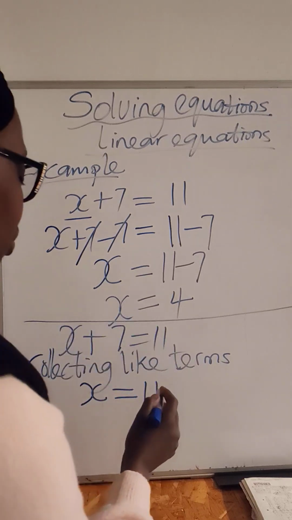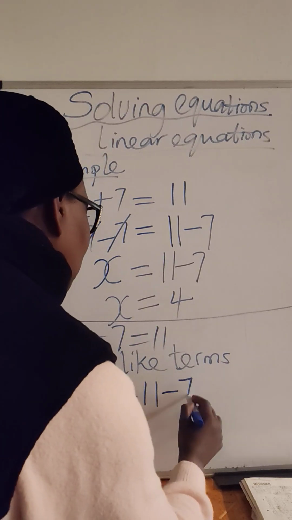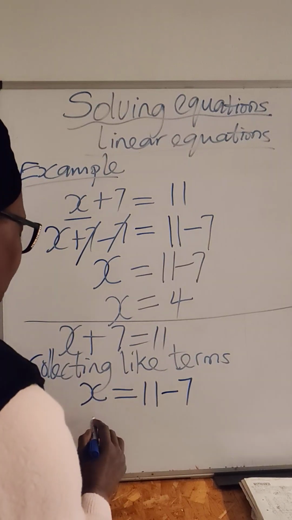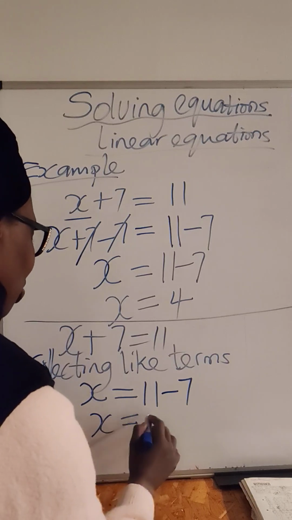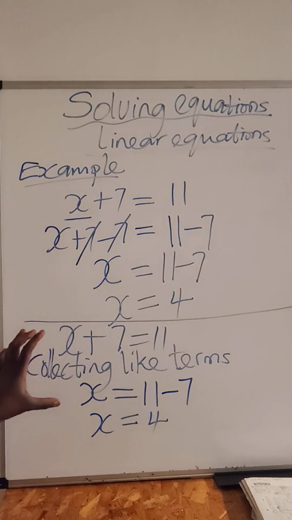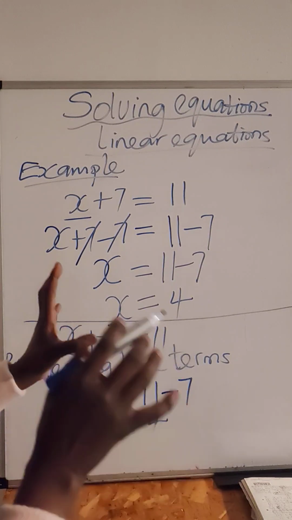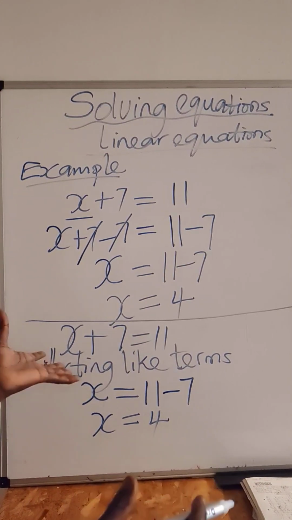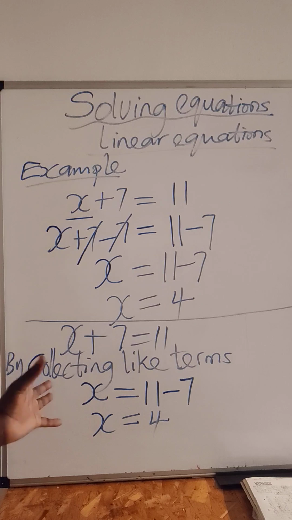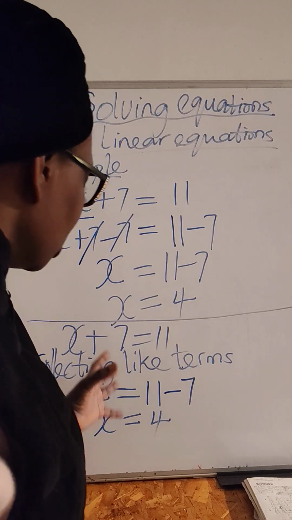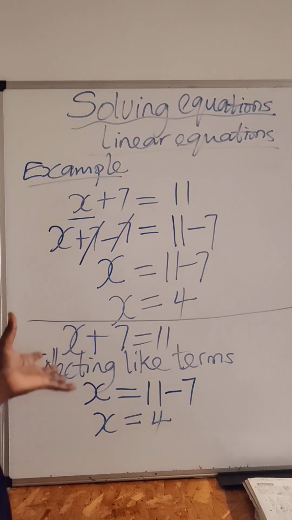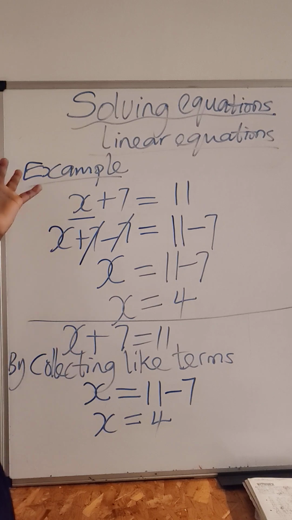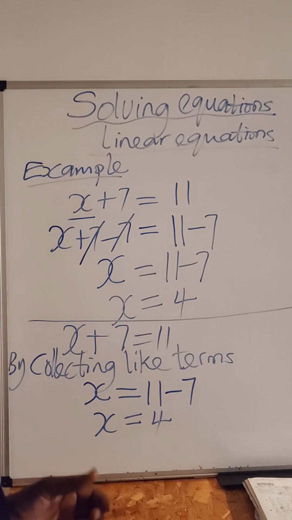So a plus 7 changes to a minus 7, and so we have x equal to 4. This second method is the shortest method so far, but it's a bit more logical. It's just your choice. Any one you prefer out of these two methods is fine.